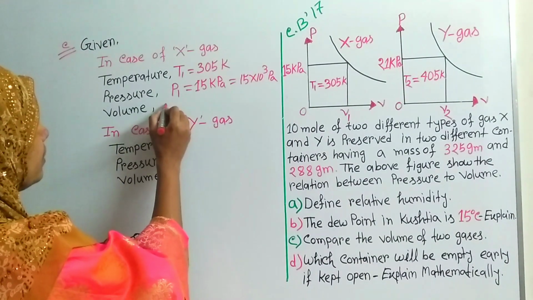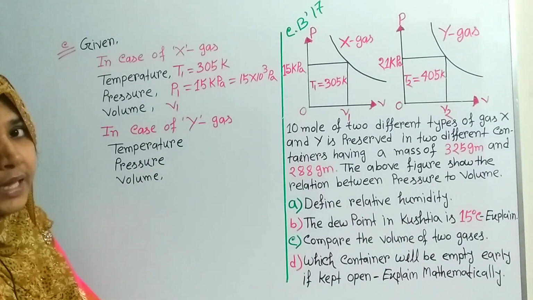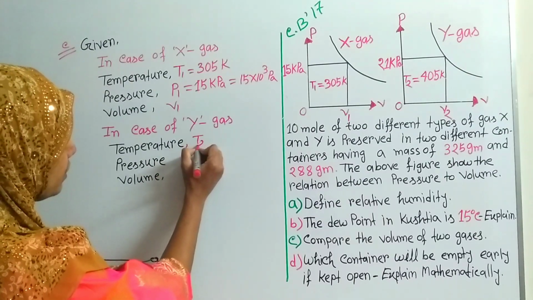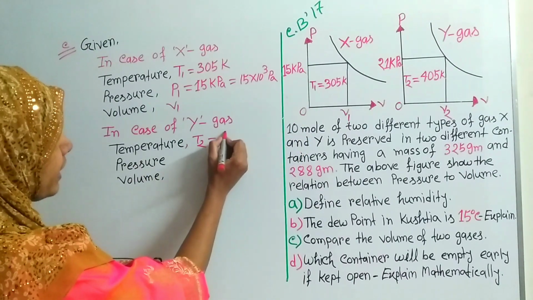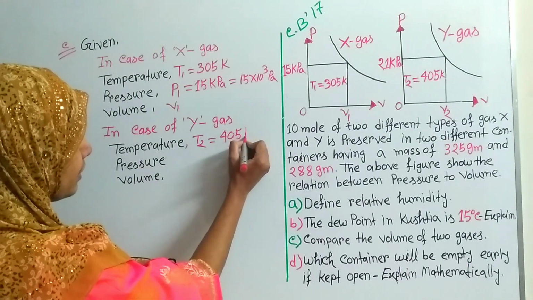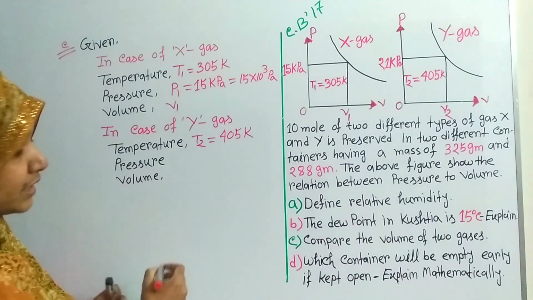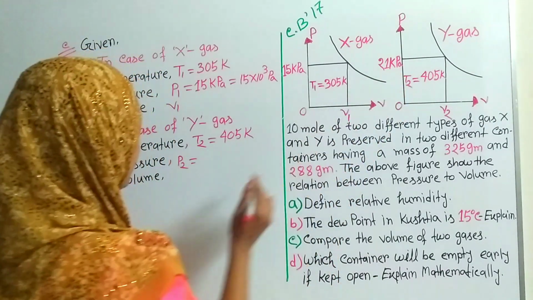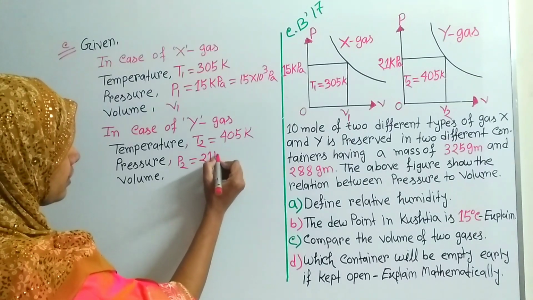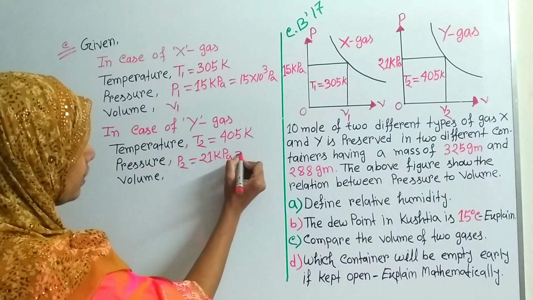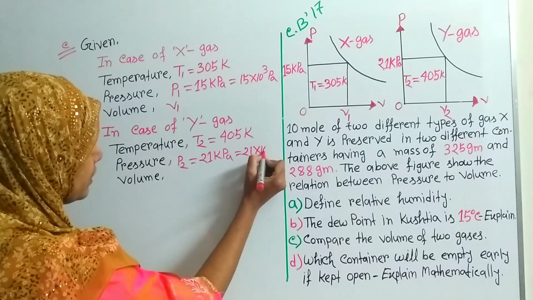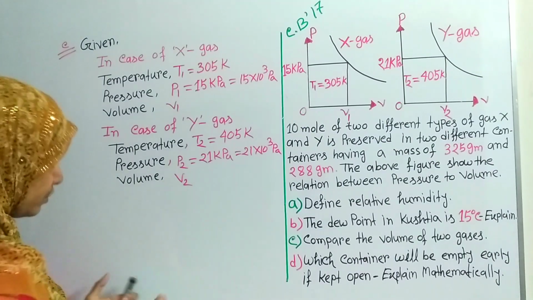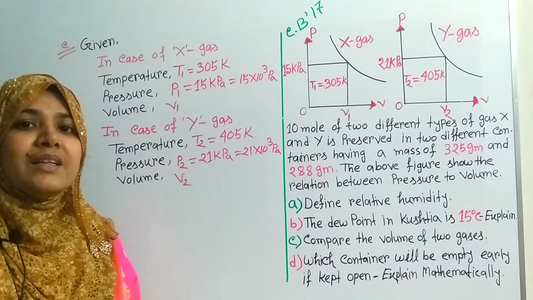Now volume V1, and in case of Y, temperature T2 is given 405 Kelvin. Pressure P2 is given here 21 kilopascal, or 21 into 10 to the power 3 Pascal, and volume V2. Now we have to compare the volume.